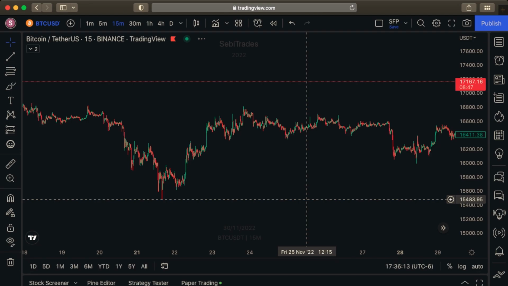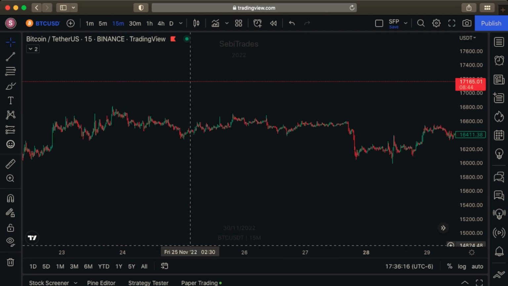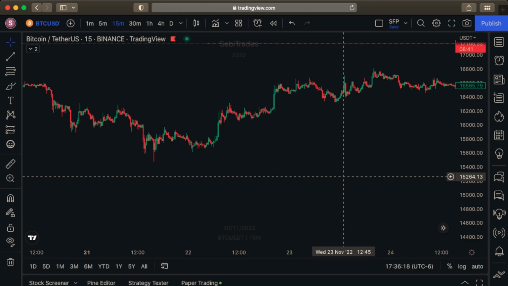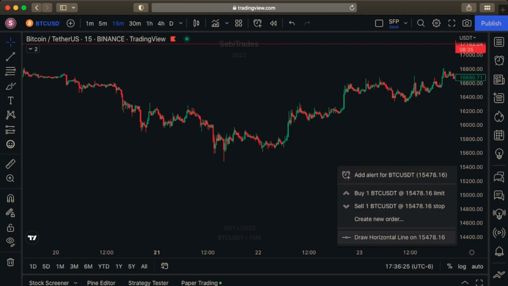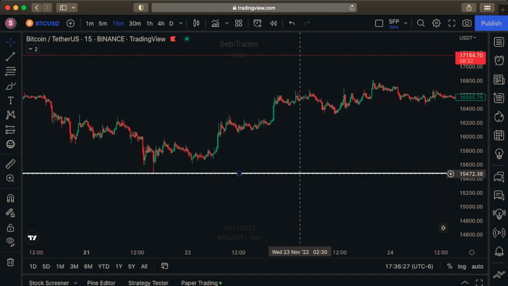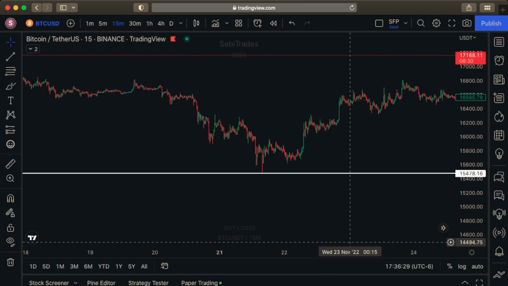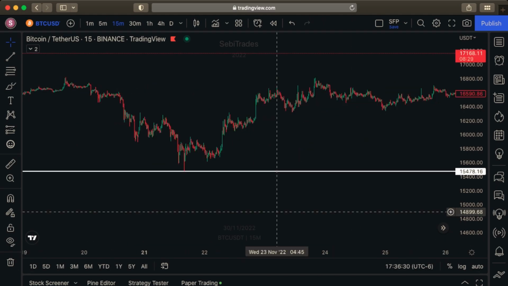Look, we're going to find a lower low right here and draw a line, okay? Just like that. And now we're going to find spots where price has consolidated a little bit, okay?